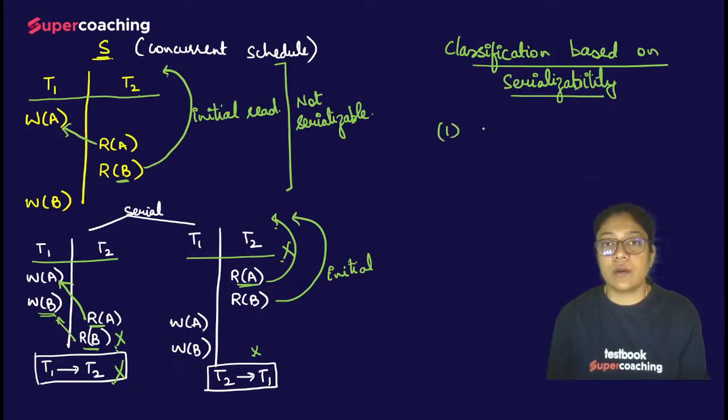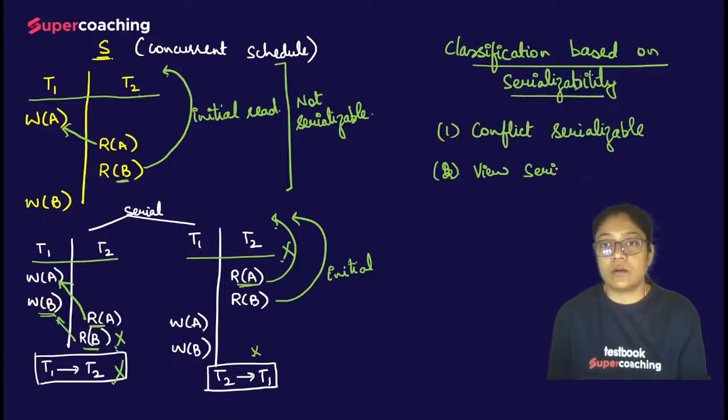First one is conflict serializable schedules. And second one is view serializable.